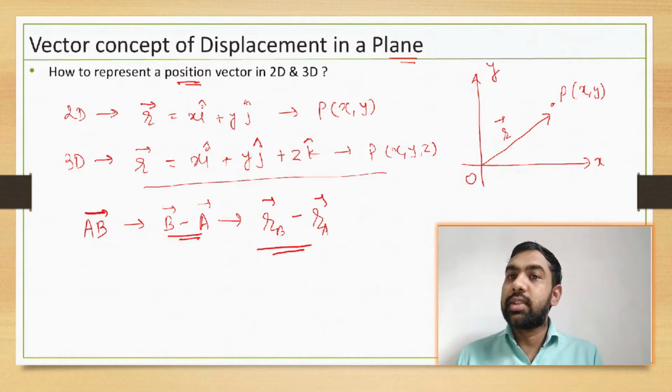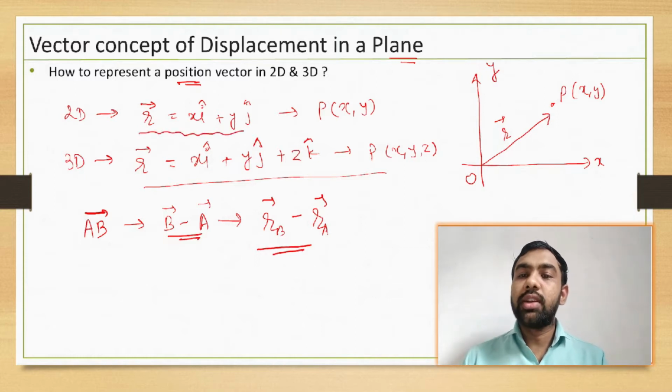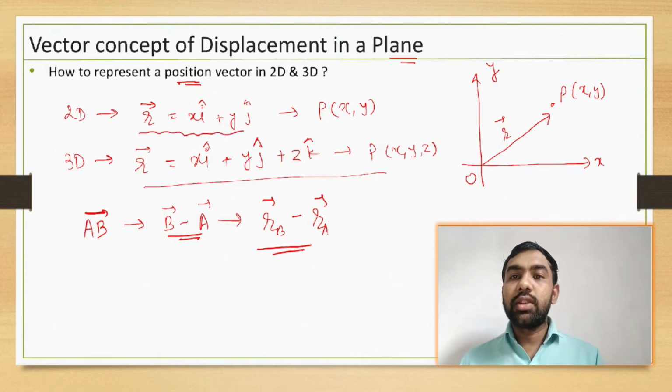How we get this, we already discussed in the previous session. So this is just a revision of position vectors in two and three dimensions. Let's continue our session with motion in two dimensions and three dimensions.